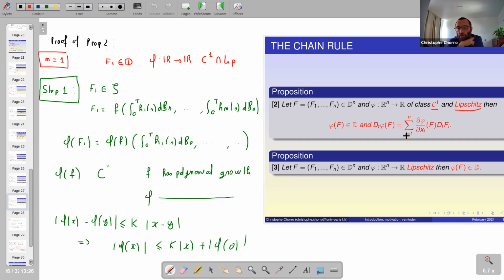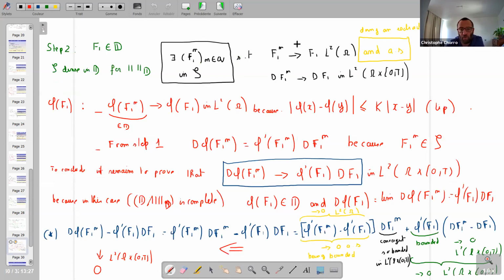And then, using an approximation argument to extend from step 1 to step 2, the step 2 being the step where F1 belongs to D. If F1 belongs to D, I can consider an approximating sequence in D of functions in S, because S is dense in D for the norm D, okay?